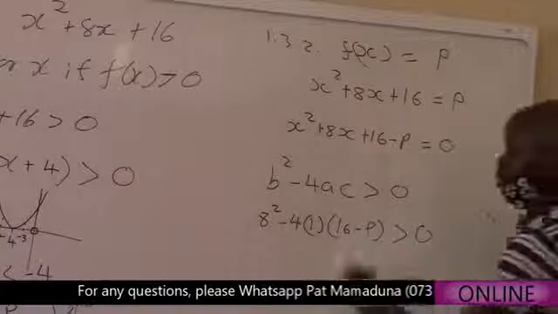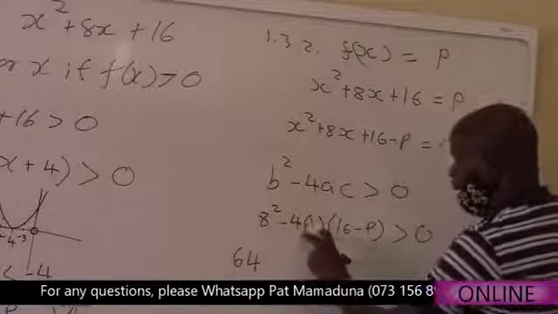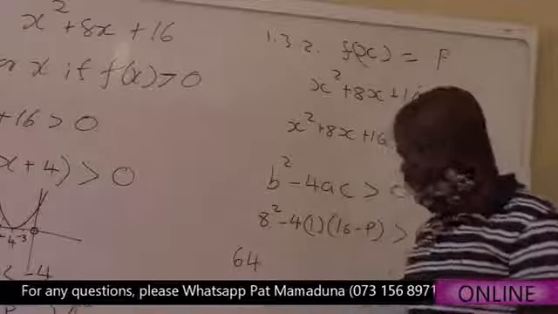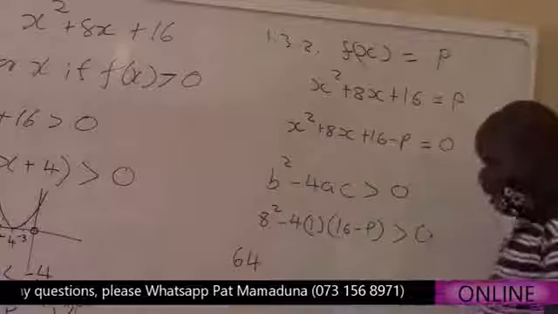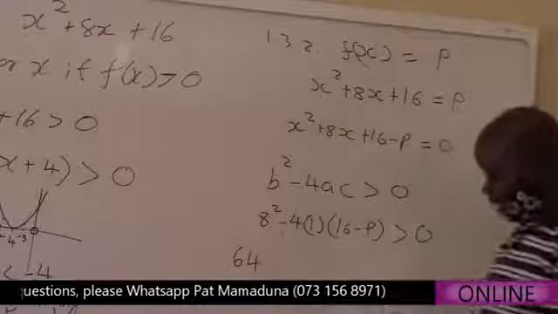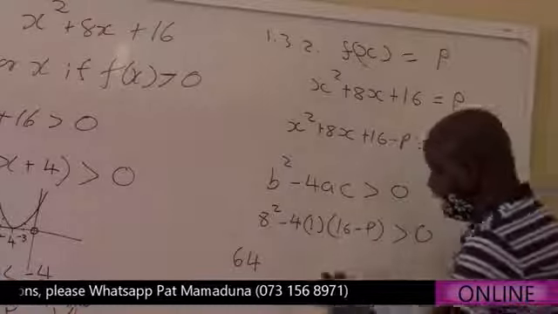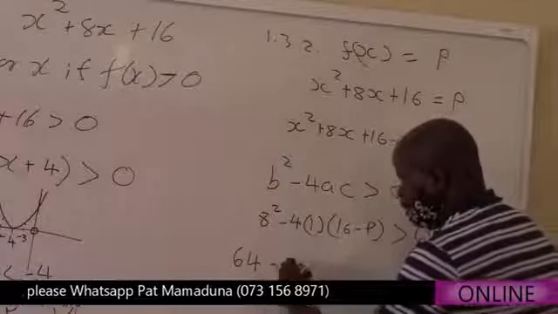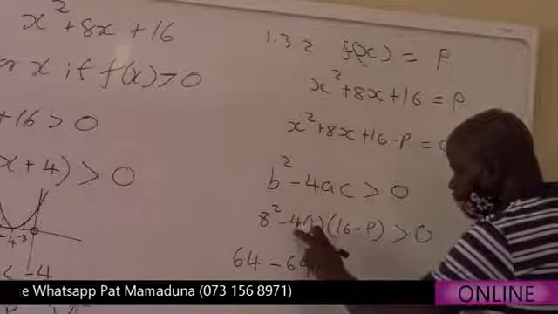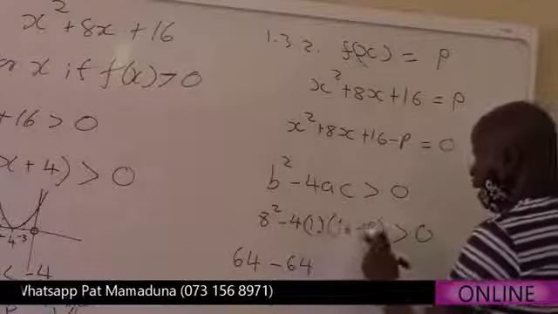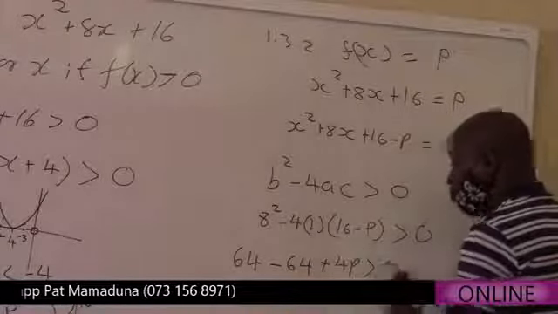So we are having 64. And then negative 4 times 1 is negative 4, so negative 4 times 16 is negative 64. Then negative 4 times negative p, which is positive 4p, should be greater than 0.